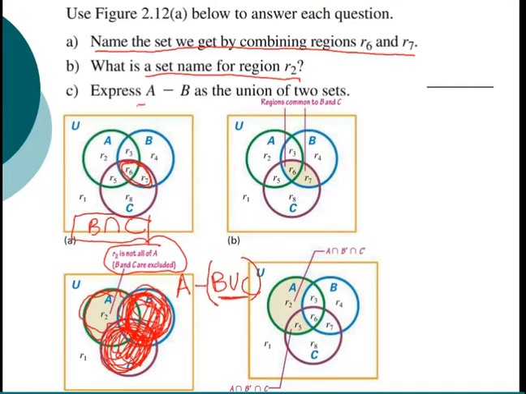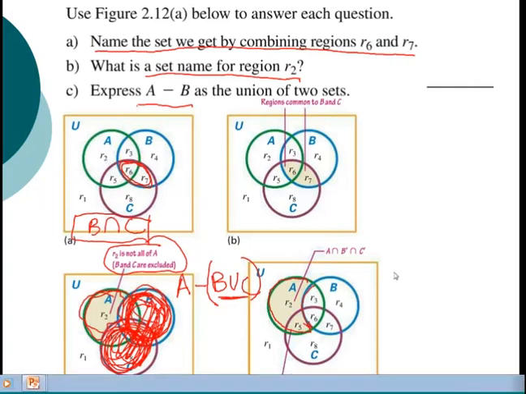So the union of B and C is what I need to identify first and subtract out from A. Last here, it says express A minus B as the union of two sets. Here's A, and then I'm cutting out B. Well, what would that be the union of? A minus B, expressed as a union of two sets. It gives us a long description of how to do this.